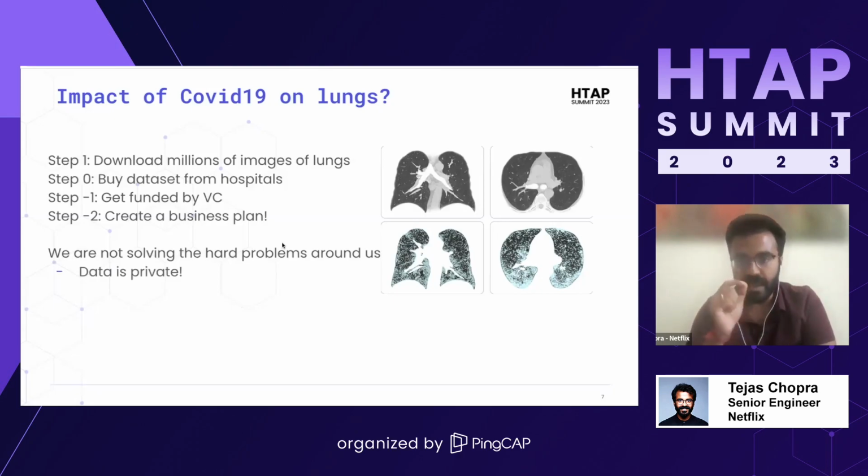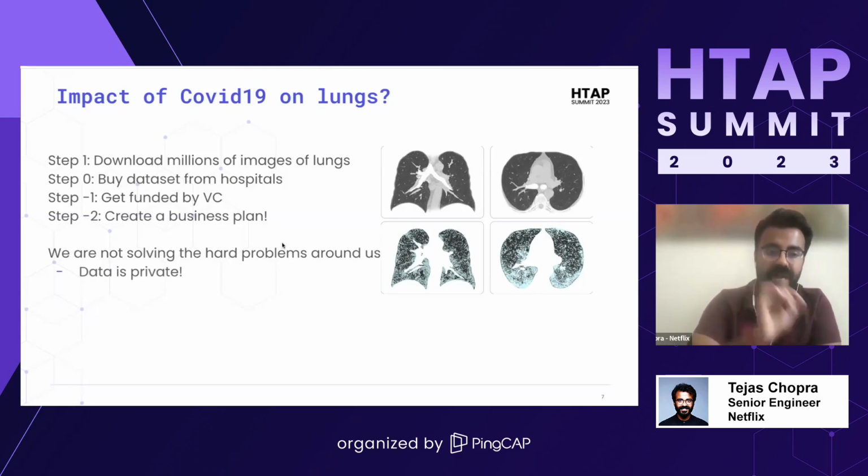Because the data is private, we are unable to solve the hard problems around us. We cannot detect or predict diseases before they happen. And it really boils down to, is there a way to actually keep the data private but get learnings from the data?